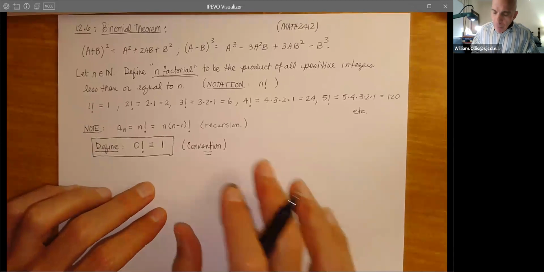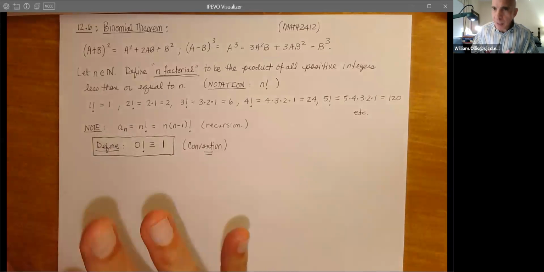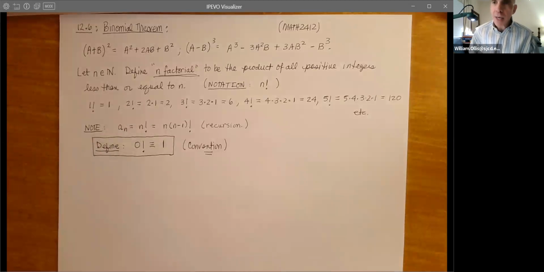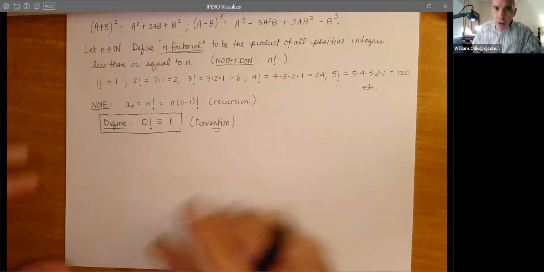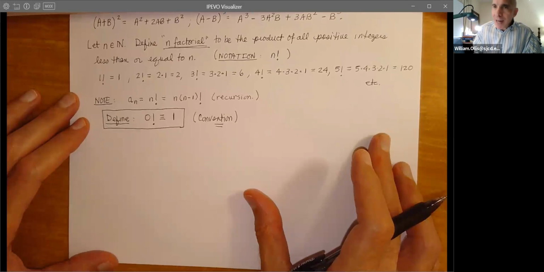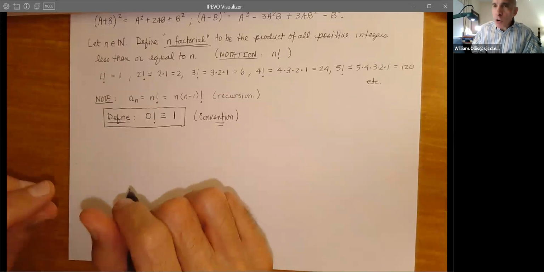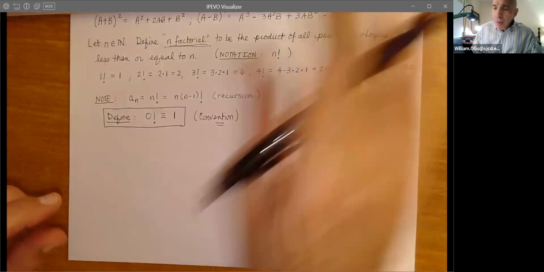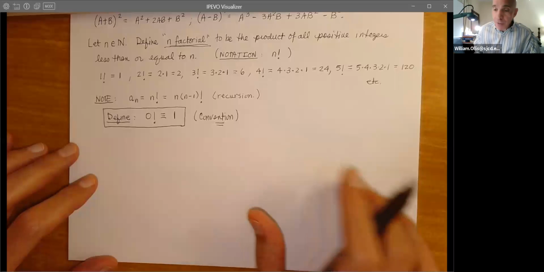So this factorial setup, just like other things I've talked about in this class, inverse trig functions, you could spend days and days studying their properties. So why do we care about the factorial function? Well, tied to the binomial theorem is an object called a binomial coefficient. And the binomial coefficient uses factorials in its definition.